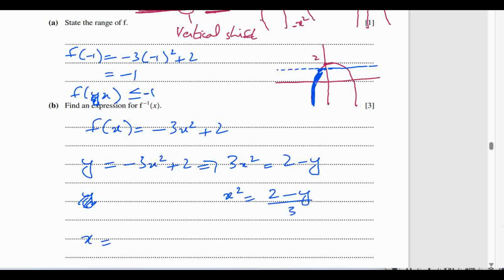Then x will be equals to square root of 2 minus y divided by 3. So as we can see that whenever we have square root sign, we will use the positive and negative sign also. So this will be the final answer.